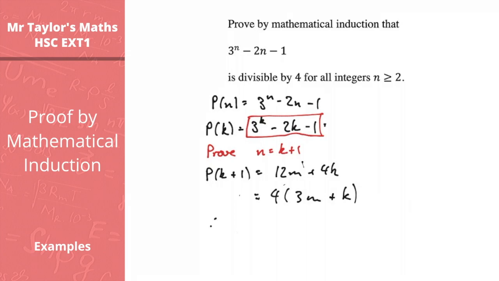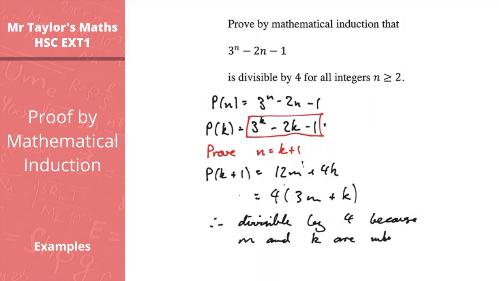And I assumed, so therefore, it is divisible by 4 because m and k are integers. So that number must be divisible by 4. And therefore proven by mathematical induction.